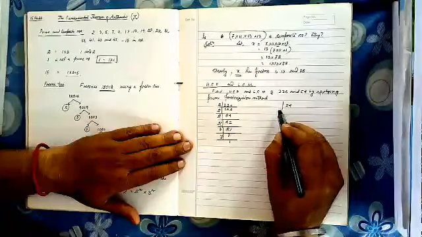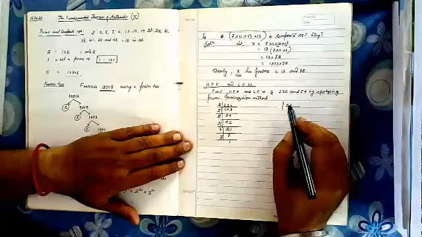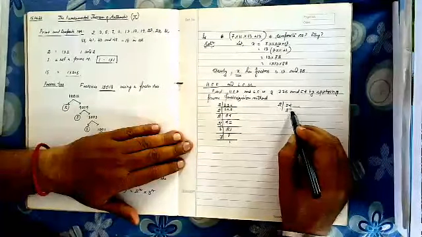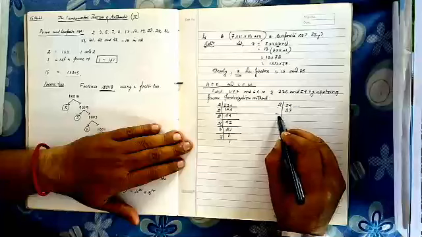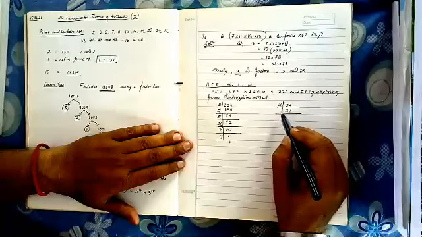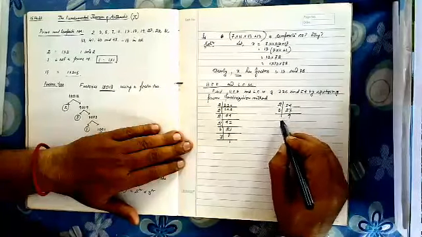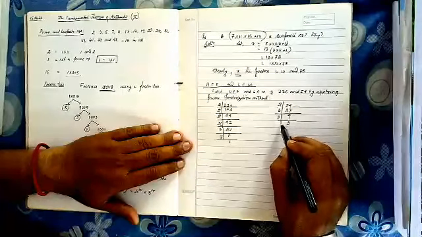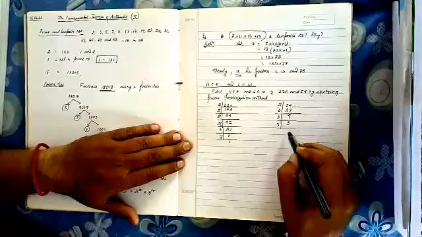Now for 54, let us divide this number by 2 first, 27. Now by 3, 9. Now by 3, 3. Now by 3, 1.